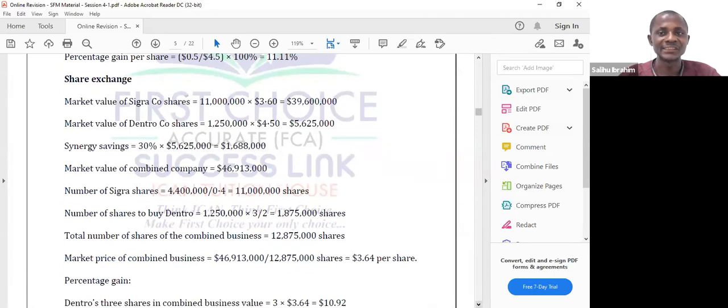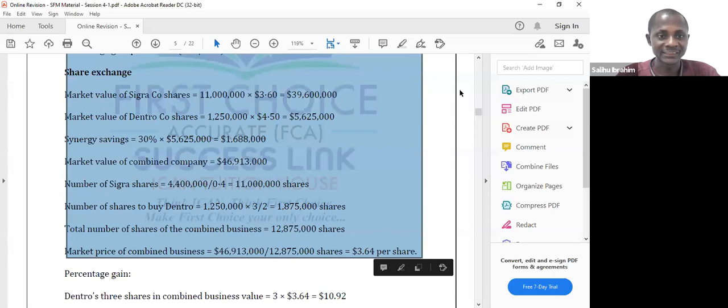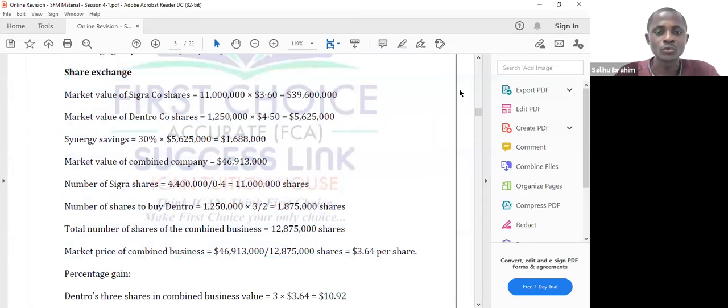Now, share exchange. Let's explain it from here. We want to do a share exchange. Look at the share exchange here, the one I computed earlier. How many shares do we exchange with Dentroco shareholders? The question says we are giving them 3 in place of 2. So you divide the current number of their shares by 2.